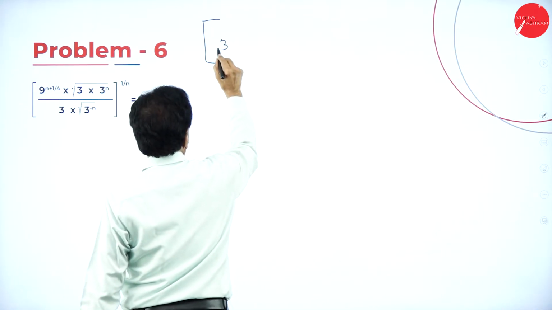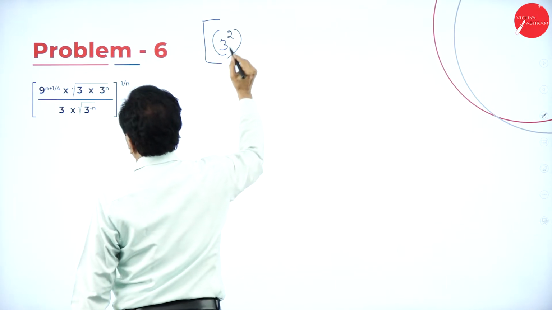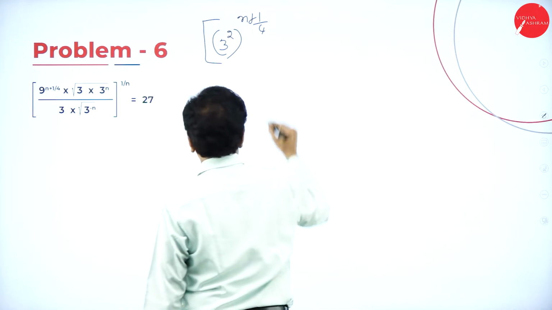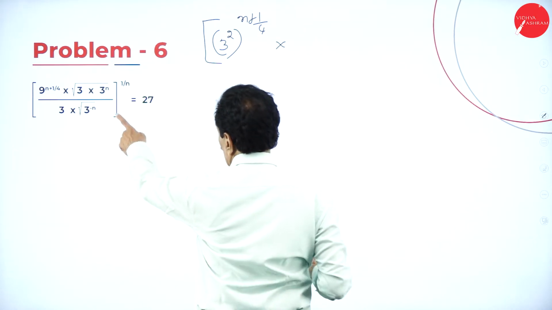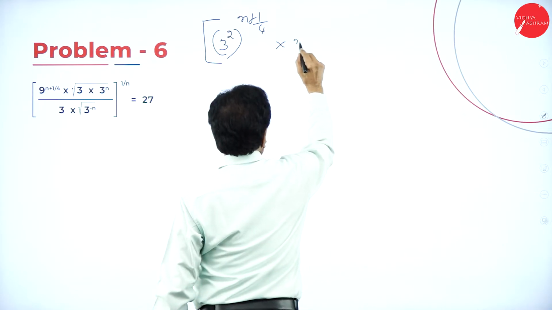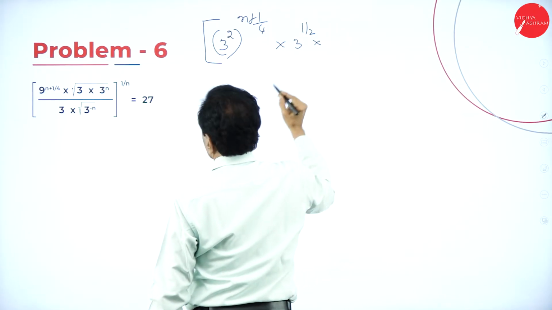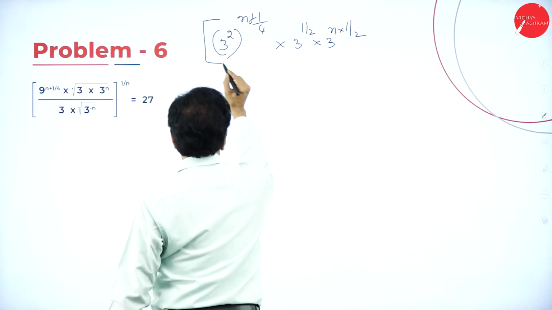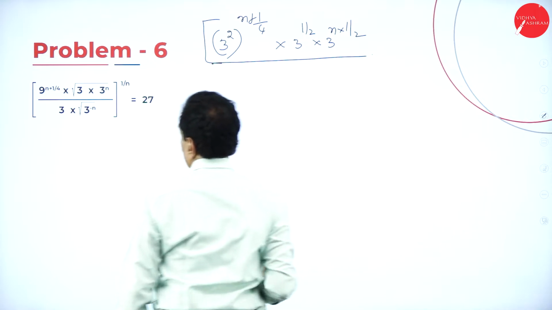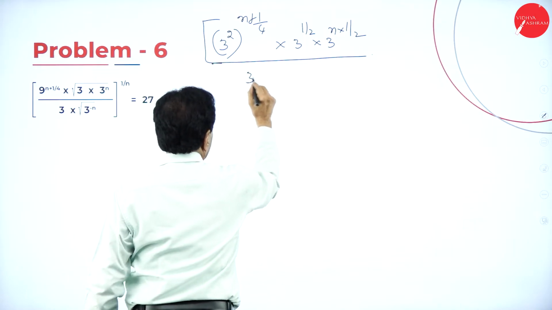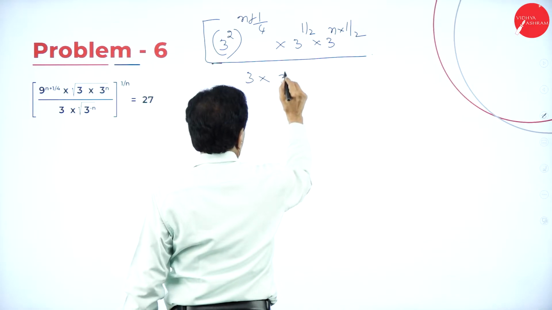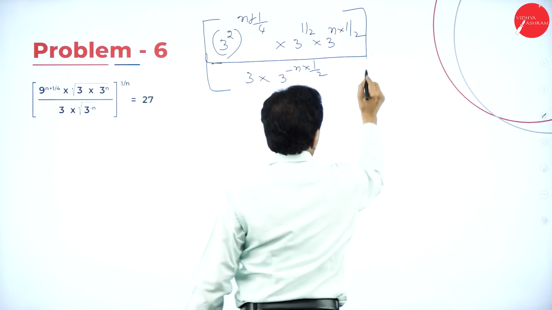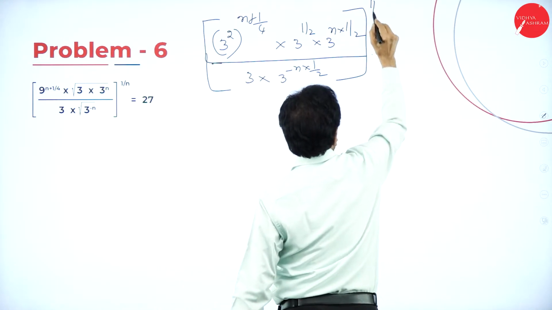3 squared to the power of n plus 1 over 4, into root of 3, which is 3 to the power of half, 3 to the power of n by half, divided by 3 into 3 to the power of minus n into half, whole to the power of 1 by n.